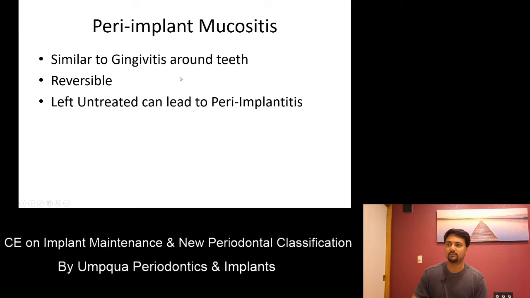Peri-implant mucositis, again, as I said, is similar to gingivitis around teeth. One of the important things is it's reversible, and that's why I say probe every time around implants, because if you catch it early, you can treat it, and it doesn't lead to peri-implantitis. If left untreated, it can lead to it.